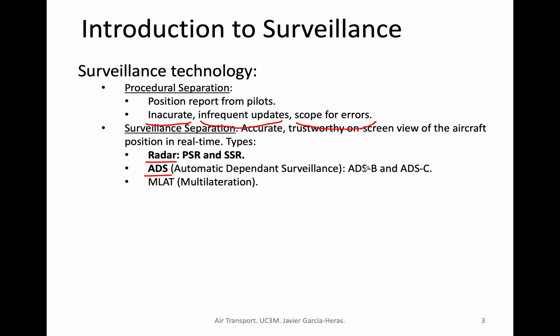Oh, sorry, the multilateration. Multilateration is a system that uses aircraft transponder transmissions, the ones I already mentioned, in different modes, mode Alpha or Charlie, mode Sierra, or ADS-B, to calculate a 2D or 3D position.